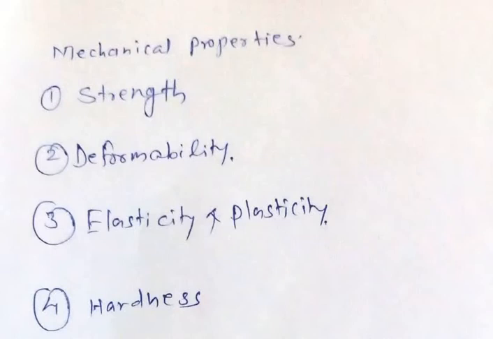Gneiss, it is a metamorphic rock. It may be granite gneiss, may be hornblende gneiss, any gneiss, metamorphic rock. Strength is 800 to 2000. Then marble, strength is 1300 to 2000.